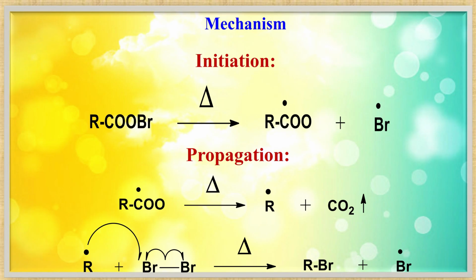So, this alkyl free radical is unstable. It further reacts with a bromine molecule; the bromine-bromine bond breaks by homolytic cleavage to give a bromine free radical, and this bromine free radical now attaches to the alkyl free radical, giving you alkyl bromide and a new bromine free radical.